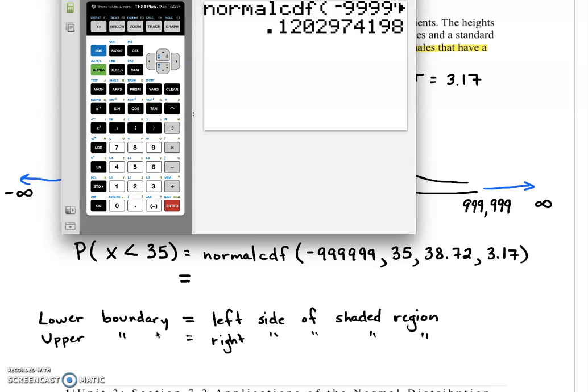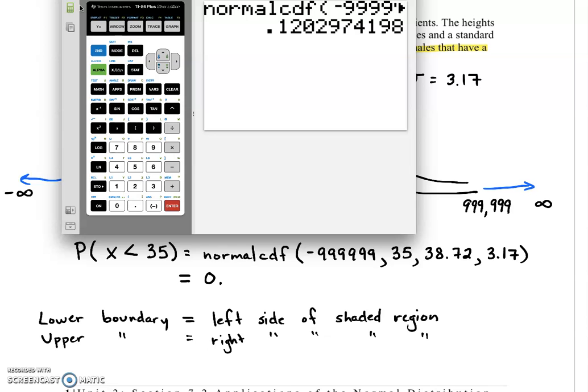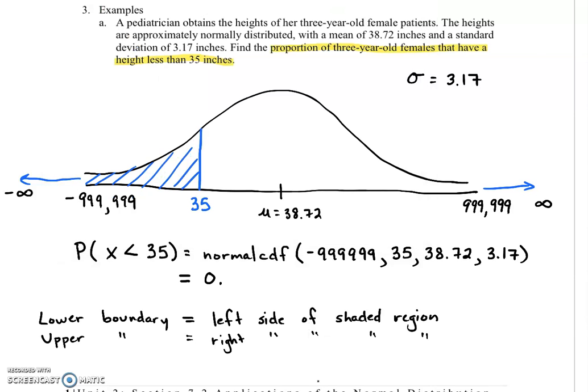So again, Pearson will tell you how many decimal places to round to. For the notes, we're just going to round to 4. So the probability is 0.1203. So if we had to interpret that, we would say the proportion of 3-year-old females that have a height less than 35 inches is 0.1203.